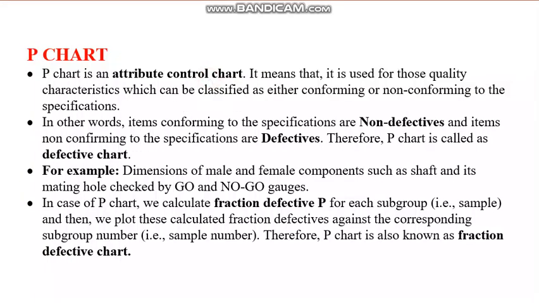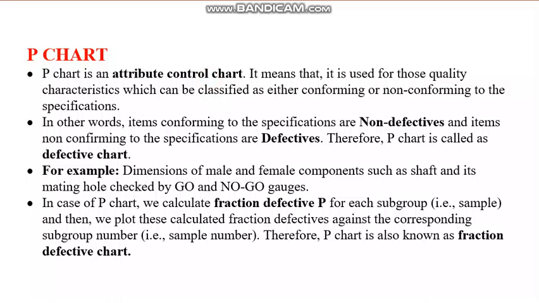Now let us come to the control charts for attributes. For variables we have seen the control charts, the X bar chart and R chart. Now we are going to see control charts for attributes, and the first such chart is the P chart.